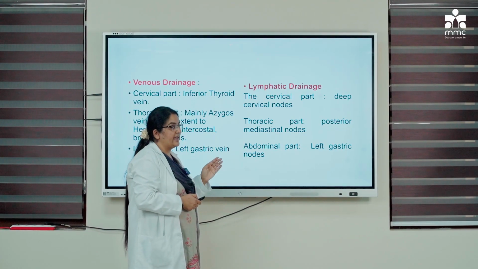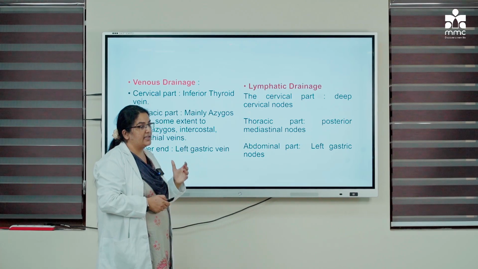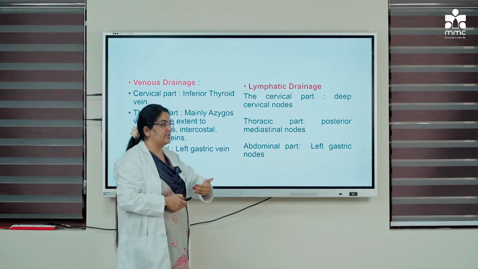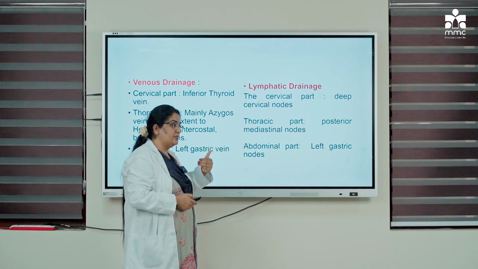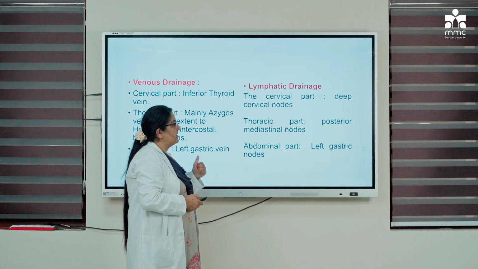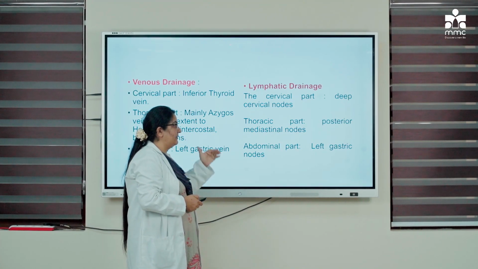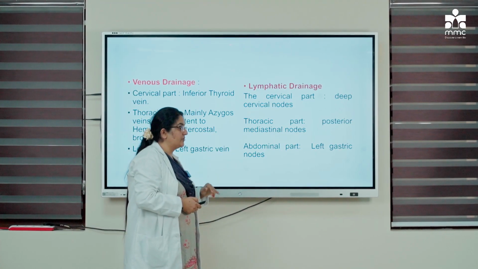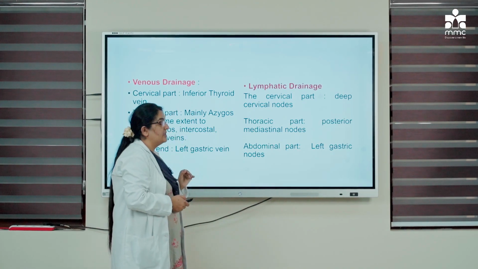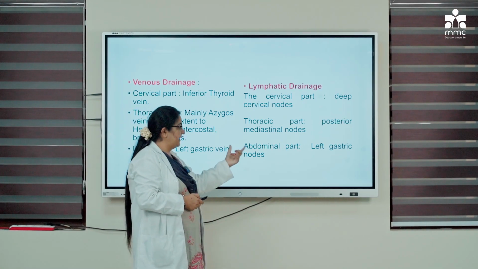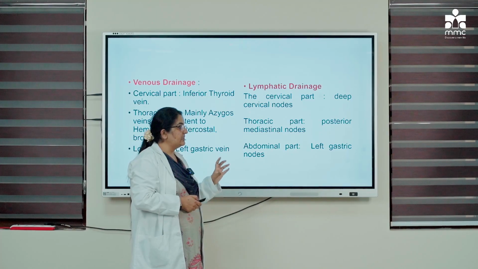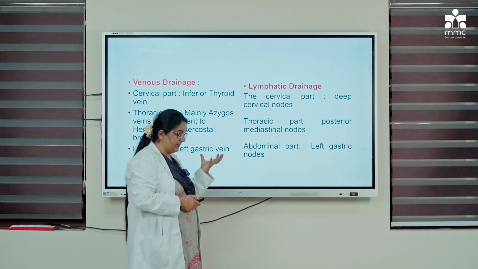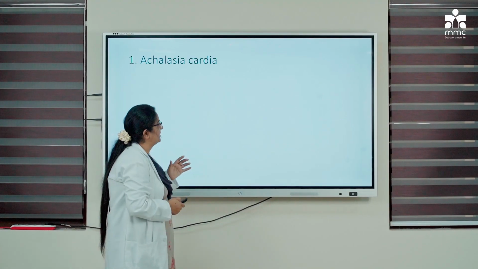And the thoracic part, in the thoracic cavity, the esophagus passes through the superior mediastinum, then mainly the posterior mediastinum. So in the posterior mediastinum we have the posterior mediastinal lymph nodes which are going to drain it. Third is the abdominal part. In the abdomen we have the left gastric lymph nodes which are going to drain it.